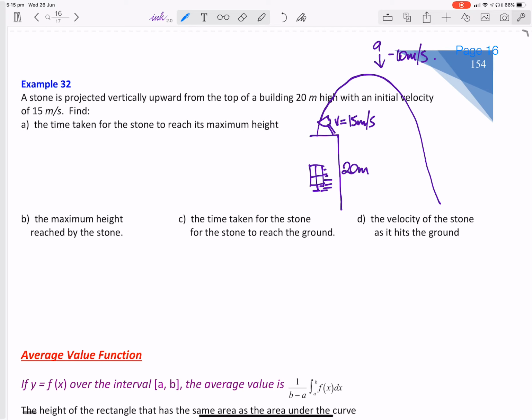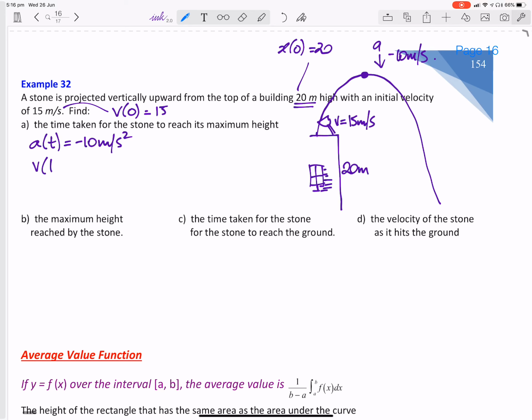The stone is projected vertically upwards, 20 meters high, so we know x of 0 is 20, and v of 0 is 15. Find the time taken for the stone to reach its maximum height. There's its maximum height. Our acceleration is negative 10 meters per second squared because that's gravity coming into the ground.